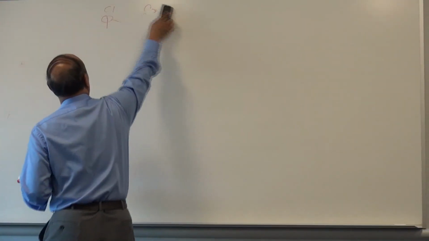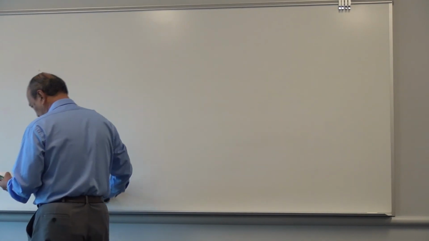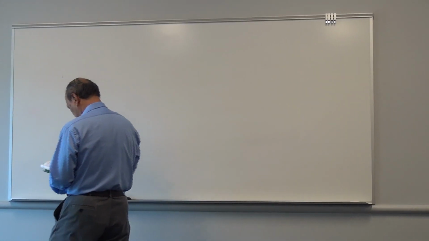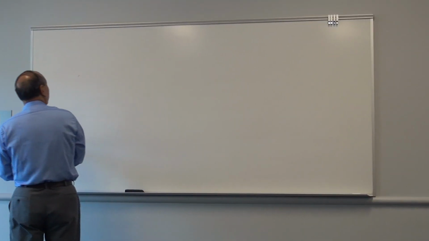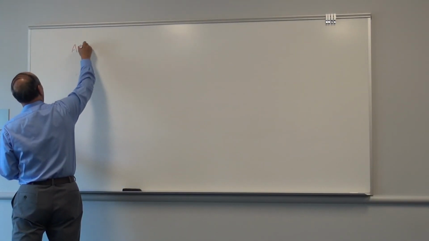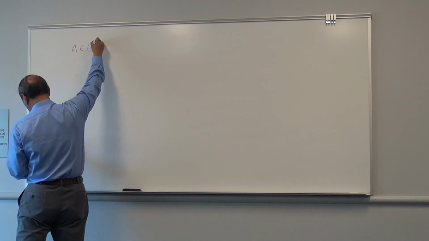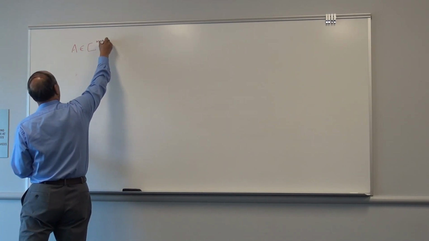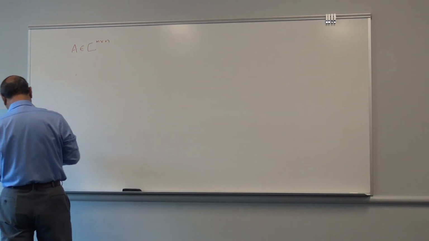So basically, you are asked to show that, for example, you have a matrix A that is in C m by n, not necessarily square.